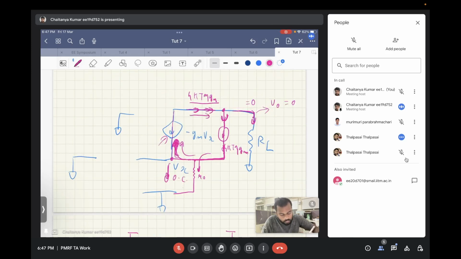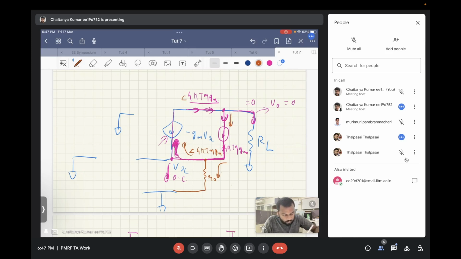I'll draw it in a separate color. Just a minute. Let's say there was some R naught over here. So the current that is flowing in this direction will be lesser than 4kT eta times Gm, and this will be lesser than 4kT eta times Gm.